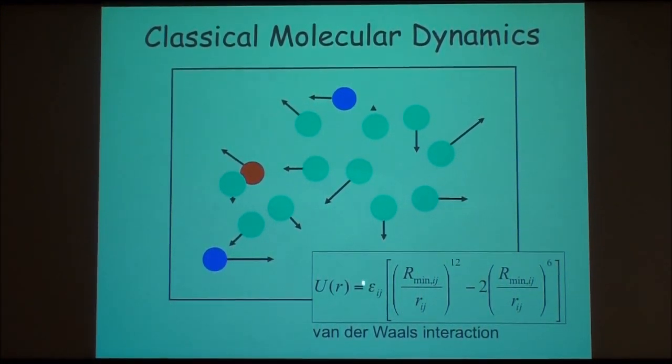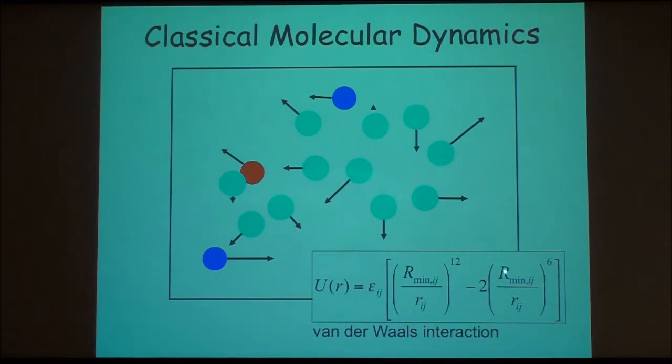You have the epsilon here that determines the strength of interaction between these particles. Then you have R min, which is the sum of the van der Waals radii of the two atoms, and Rij here is the actual distance between the two.